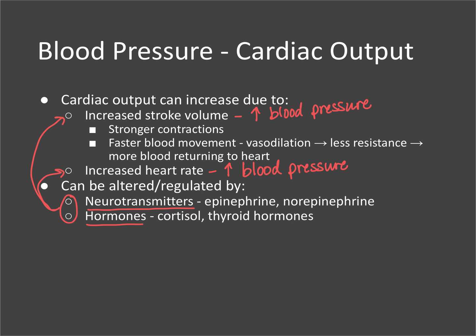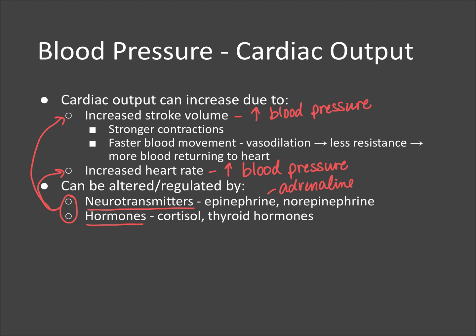Epinephrine and norepinephrine: epinephrine is also known as adrenaline. Think of your fight or flight response of the sympathetic division of the autonomic nervous system. When you are stressed, epinephrine is released, which can increase your heart rate and increase the strength of your contractions.